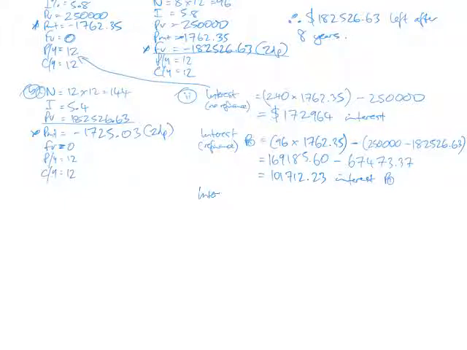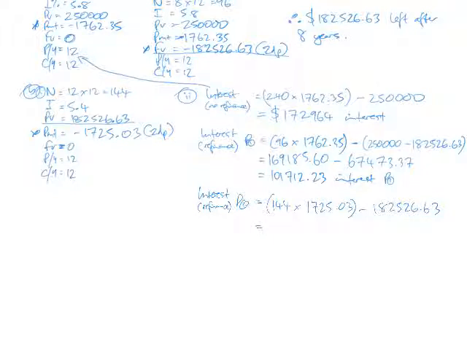So interest, refinance part 2. In the last 12 years, you paid 144 times the lower repayment, $1,725.03, minus the remainder of the loan. You paid it off until there was nothing left, so you just minus $182,526.63.